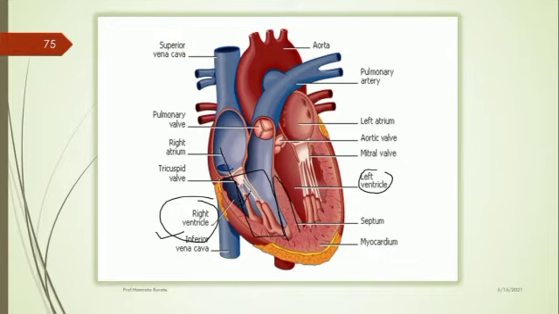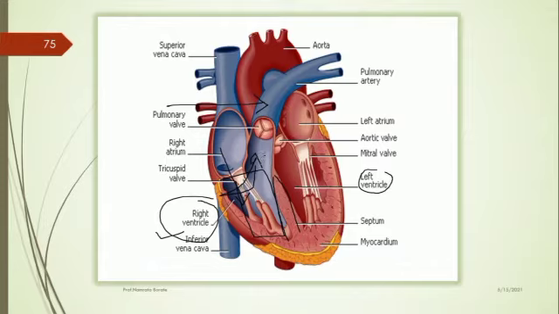The right atrium transports the deoxygenated blood towards the right ventricle. The pulmonary aorta, also called the pulmonary trunk, arises from the right ventricle.